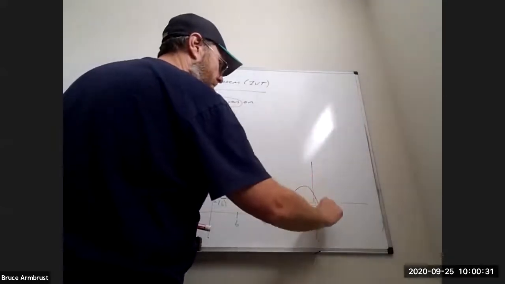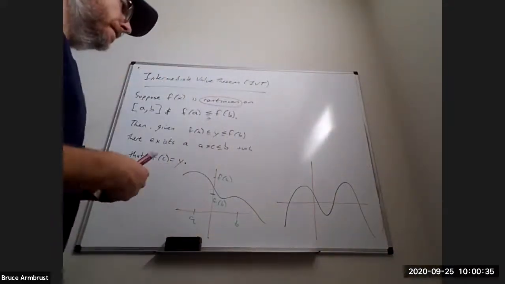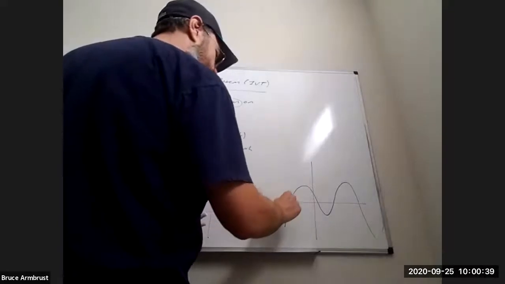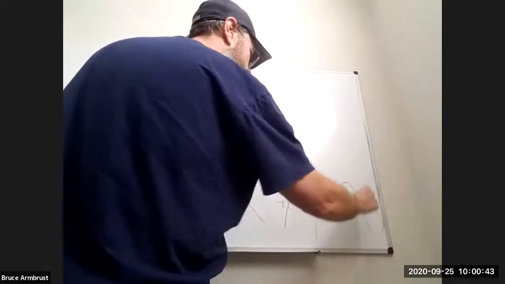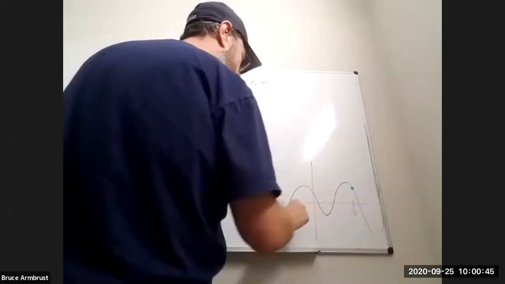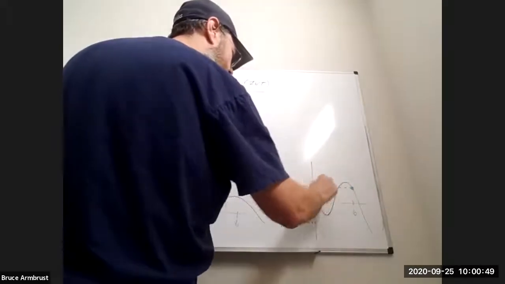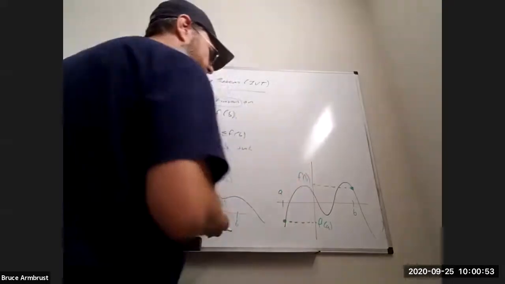So something like that. And just to have an interval here, let's say that this is A and this is B. So if we look at those 2 points and run them across, here's f of A and here's f of B.